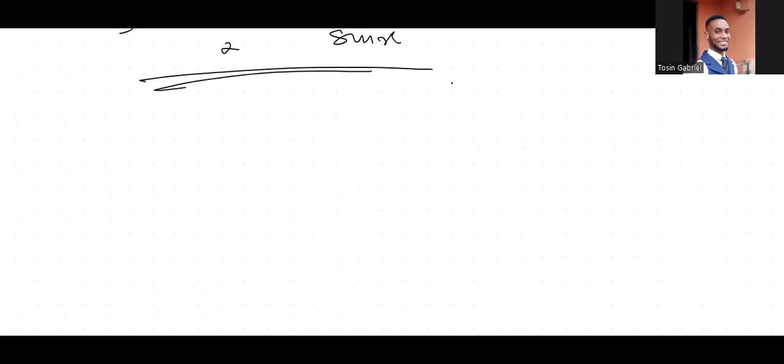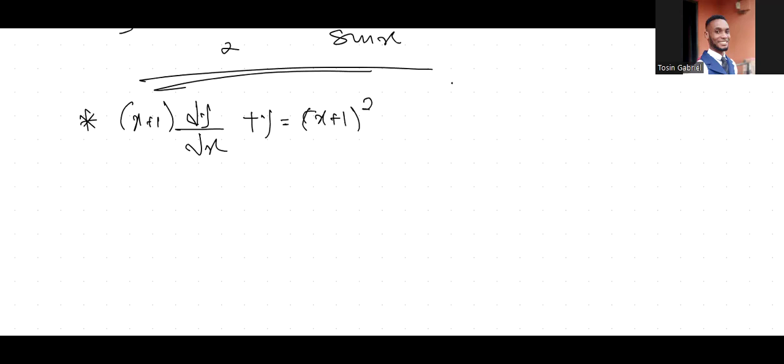Let's take another example. Let's say that we have x plus 1 dy/dx, then plus y, which is equal to (x plus 1) squared, isn't it? All right.